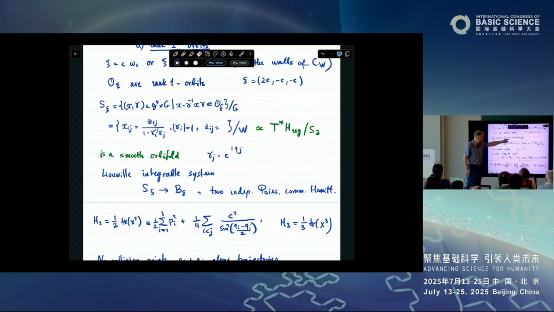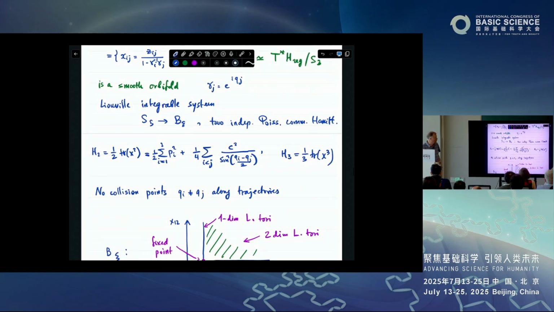But then if you solve these moment map equations, you will see that this symplectic leaf is just isomorphic to T star of the regular part of the Cartan modulo the action of the Weyl group. Basically these are the representatives of these pairs. So it's a smooth orbifold. If you don't pay attention to the quotient by S3, it's a smooth manifold.